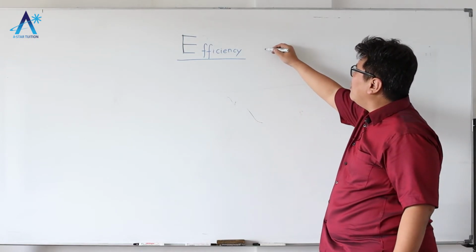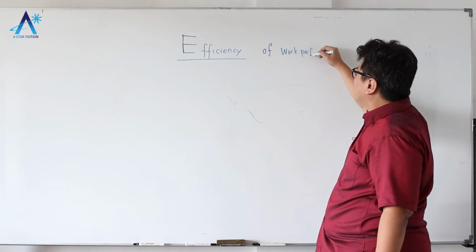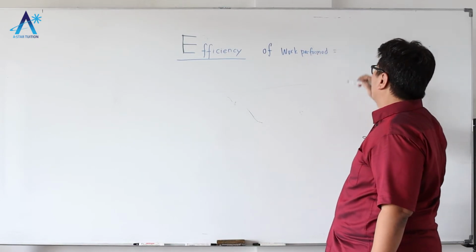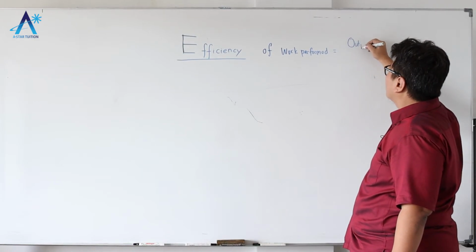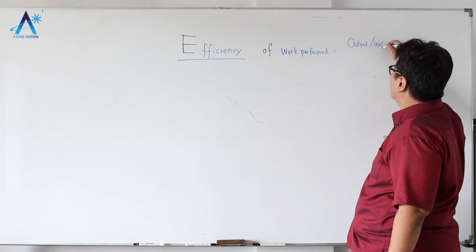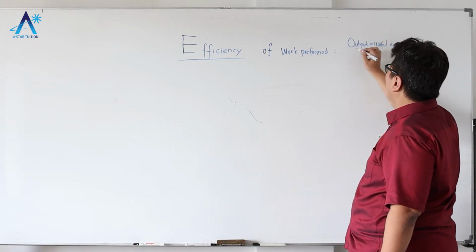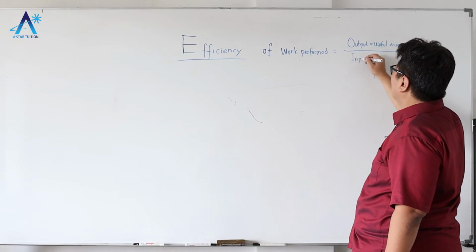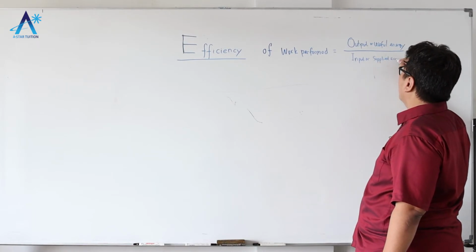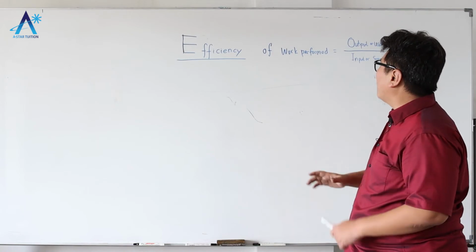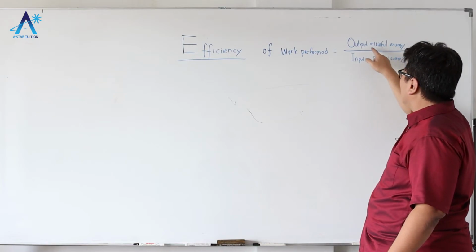So the efficiency of work performed is defined as the output or useful energy divided by the input or supplied energy. In other words, you supply energy to perform work, but only part of this energy is obtained.